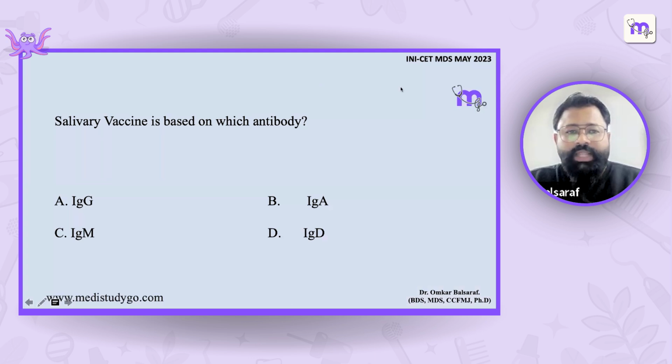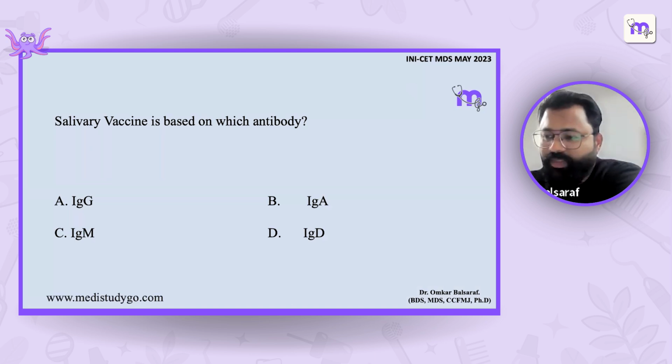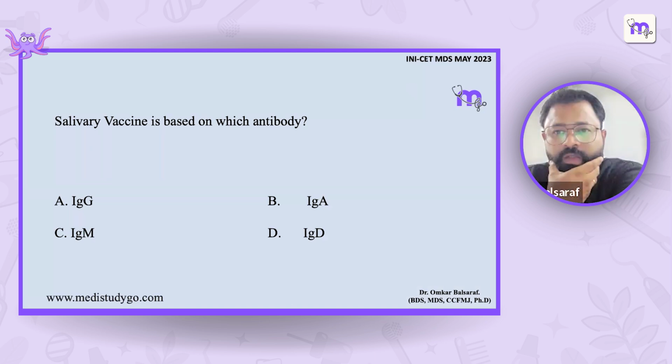Coming to the next question: the salivary vaccine is based on which antibody? This is a very straightforward question wherein you can easily get the answer if you are aware of the concepts. The first option being IgG, second being IgA, third being IgM, and fourth being IgD.